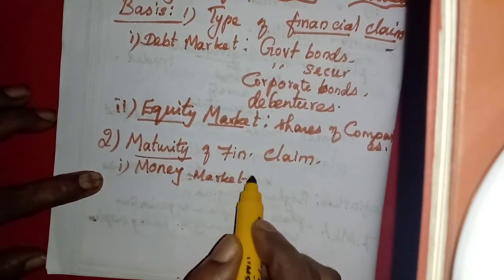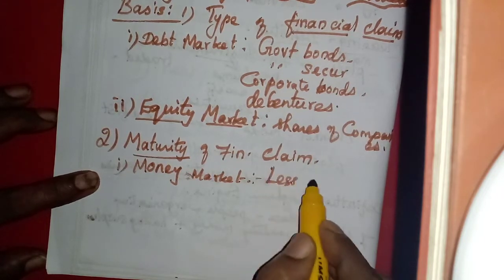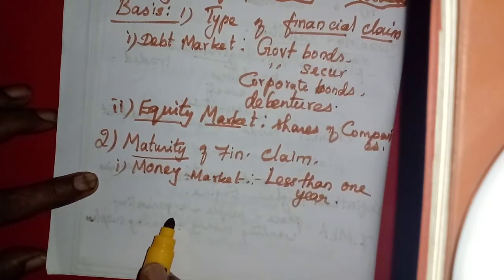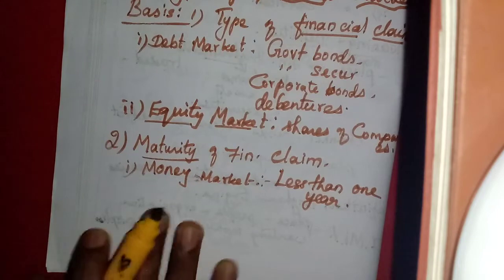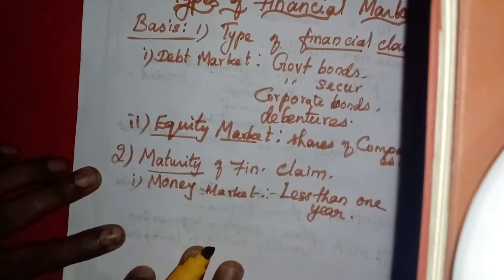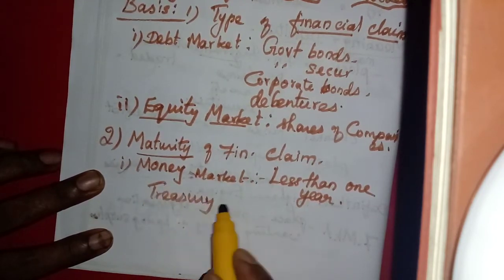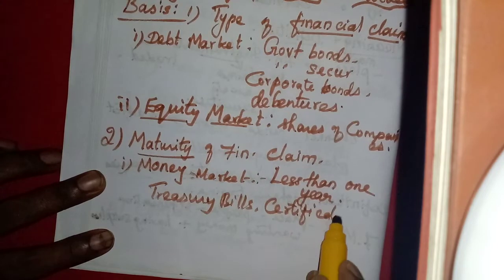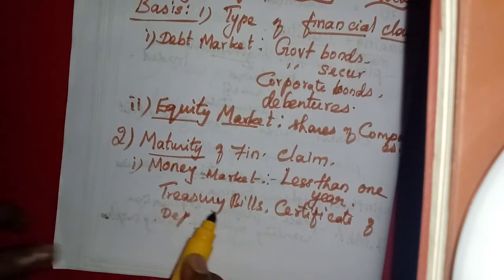Here the maturity period of these money market instruments will be within 1 year, less than 1 year. The money market instruments, for example, are treasury bills, certificates of deposit and commercial paper.